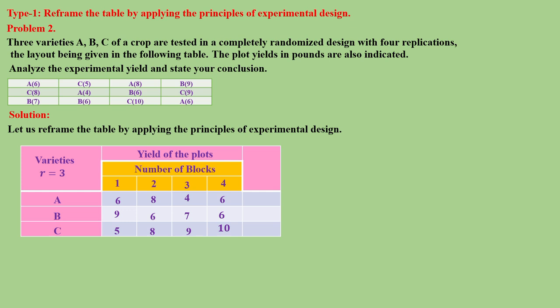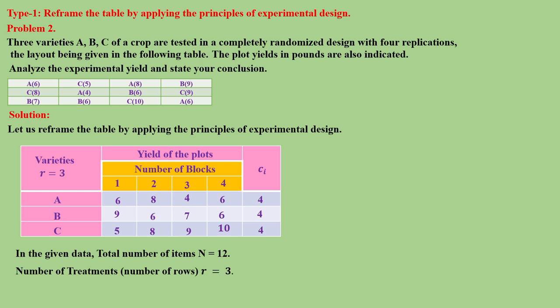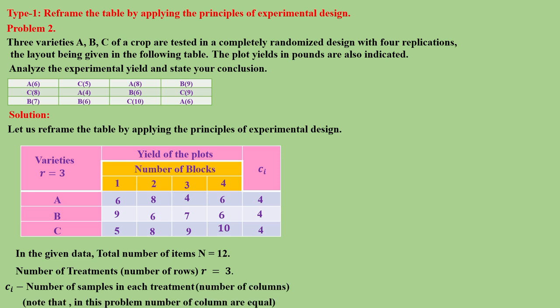So C1 equal to C2 equal to C3 equal to 4, right? So all are equal. Total number, so how many items? 12 items. So R is equal to 3 and number of samples in each treatment, that is number of columns, all are equal here. So C1, C2, C3 equal to 4.